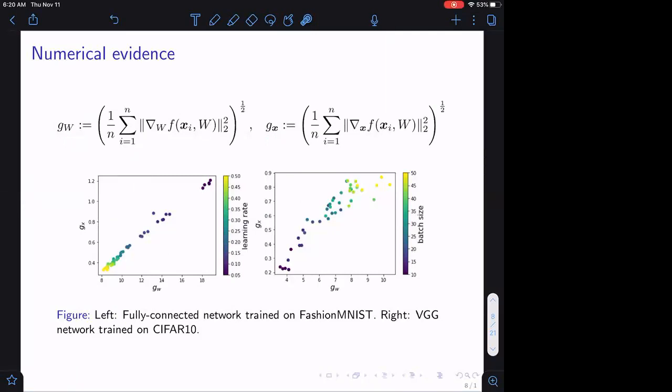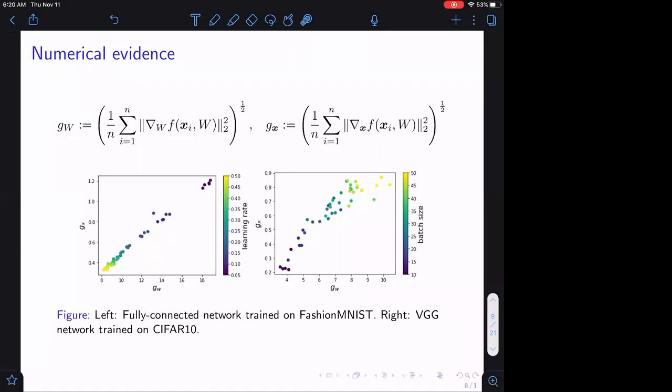On the left-hand side, we have the fully connected neural network trained on the Fashion-MNIST data set. Here, different colors stand for different learning rates, so I'm varying the learning rate of my neural network training. Then I plot GW and GX as these 2 coordinates, and you see that GW and GX have this linear relationship. On the right-hand side, we have this VGG on the CIFAR-10 data set.